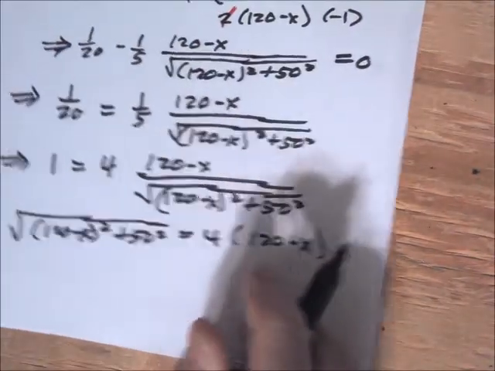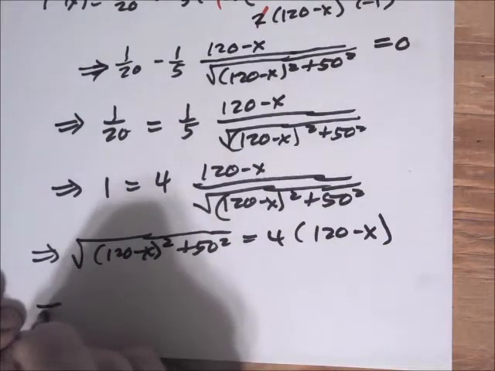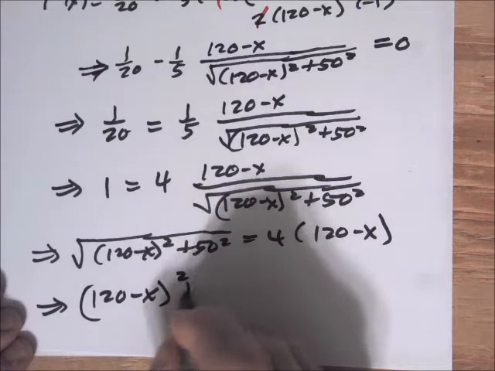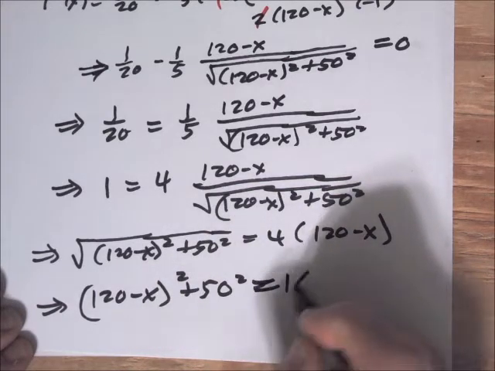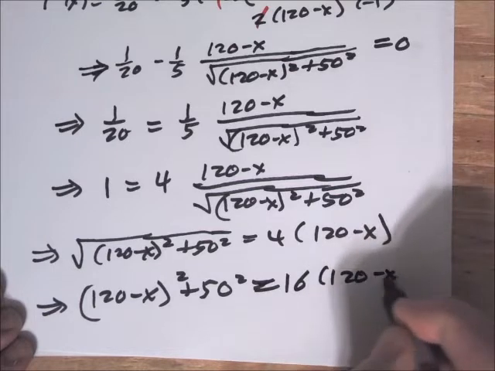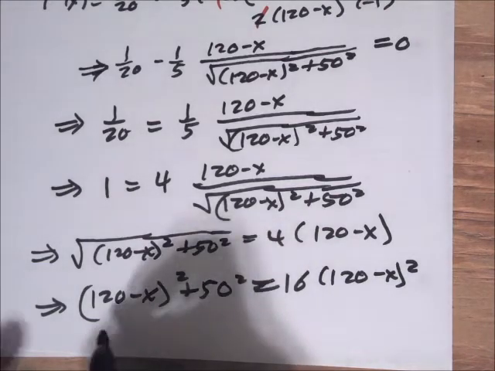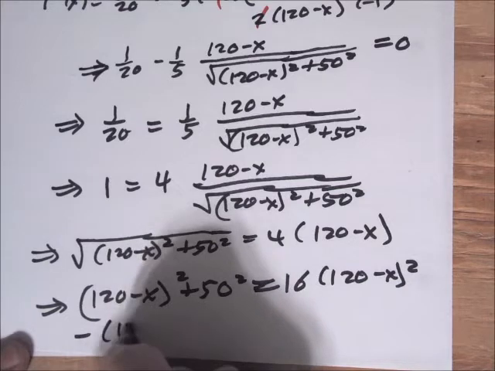We isolated the square root, so we can square both sides and get rid of the square root symbol here. So this will give us 120 minus x quantity squared plus 50 squared is equal to 16 times the quantity 120 minus x quantity squared. And then we can subtract the 120 minus x squared from both sides of the equal sign.